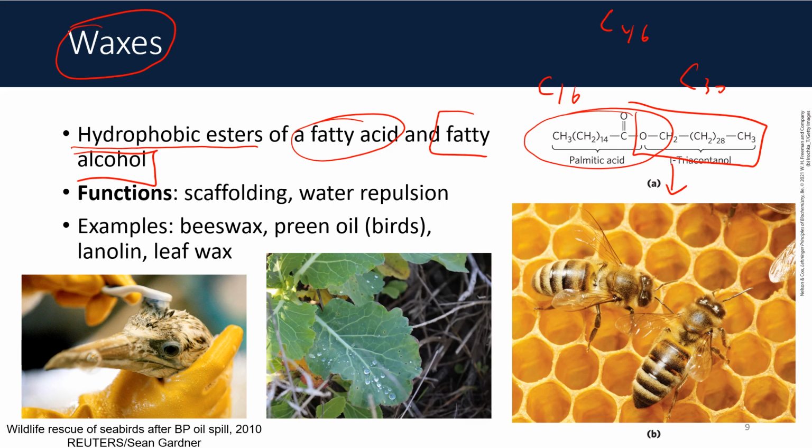Not only is it stiff and strong building material, it's going to be very hydrophobic to the point where it's actually water repelling. That's also of benefit because you wouldn't want your house to wash away every time it rained, right?